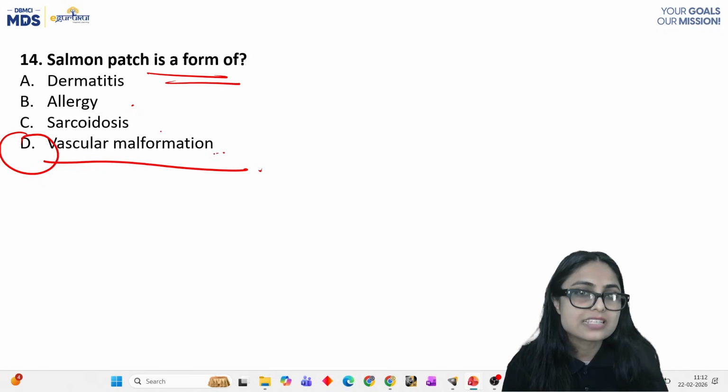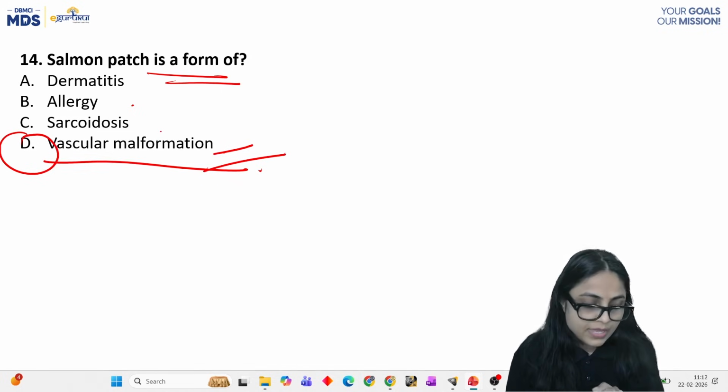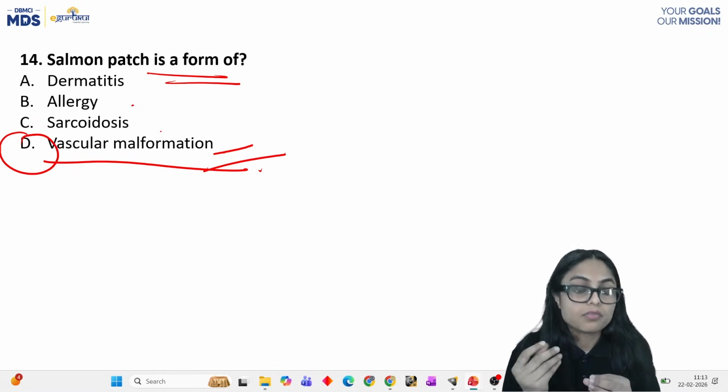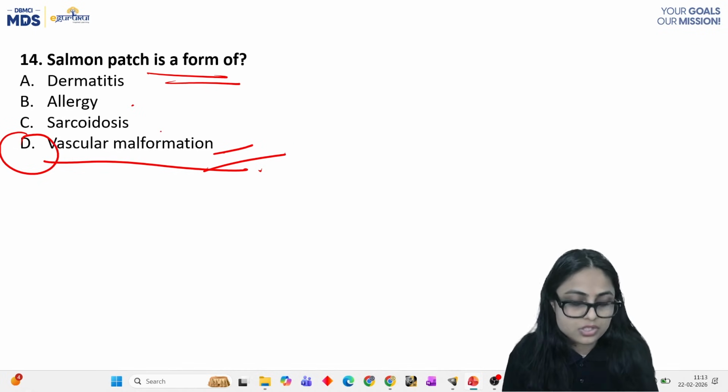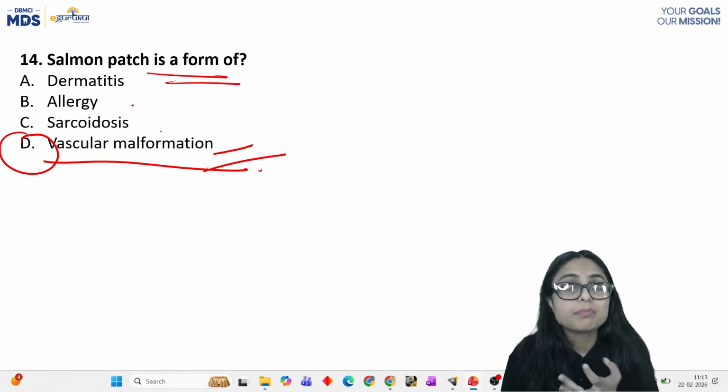What is this vascular malformation? Basically, vascular malformation can be due to abnormalities in the vessels or vessel structure. It could be in the arteries, the veins, or the capillaries.